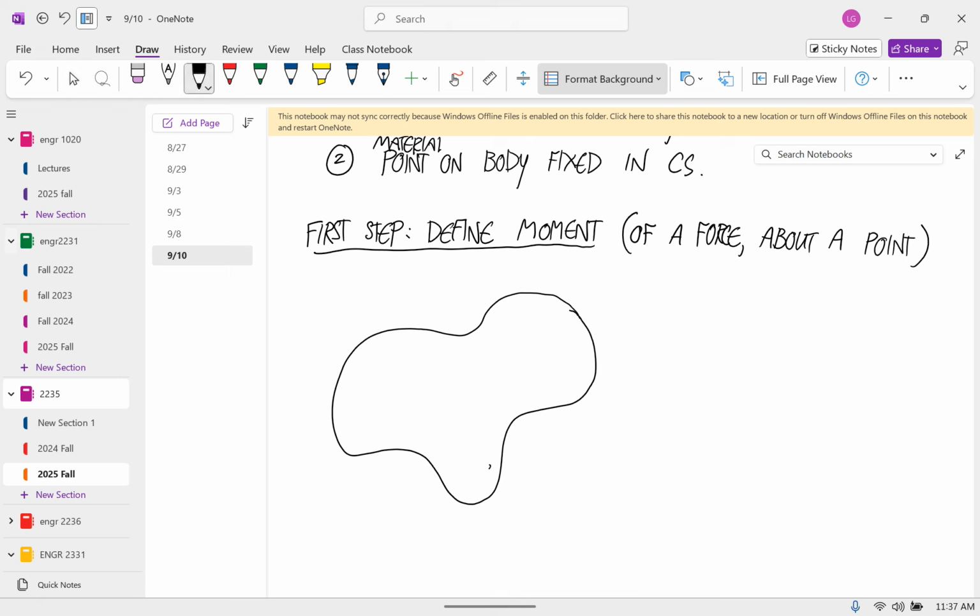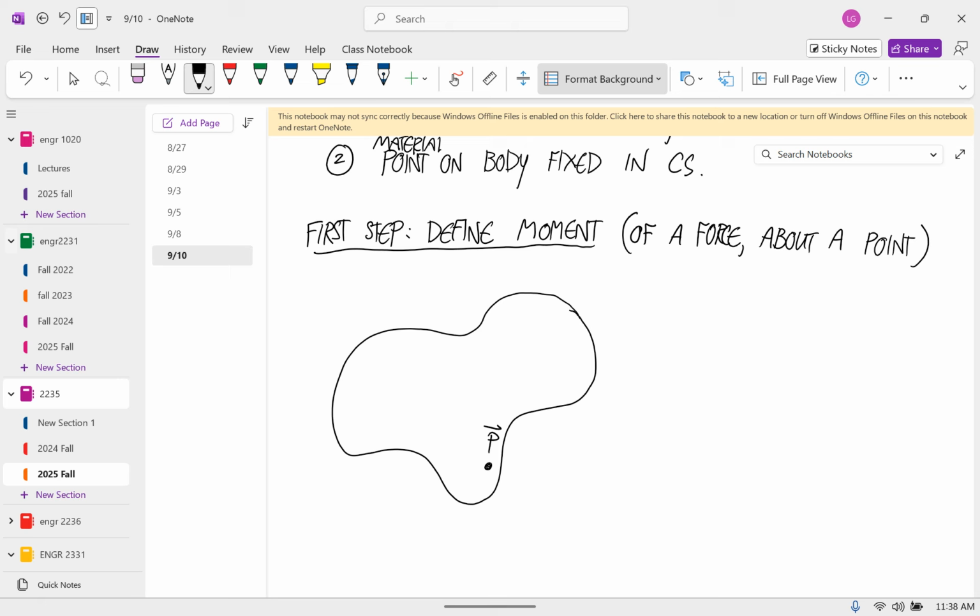So let me just say, okay, at this point P, which you can think of, remember, P is just coordinates, but you can always think of coordinates as vector components. So that's why even though P represents coordinates, I'm thinking of it as a vector that goes from the coordinate system origin to the point.